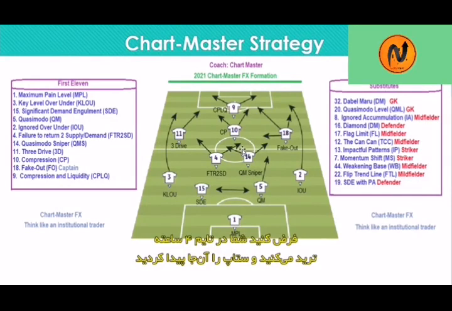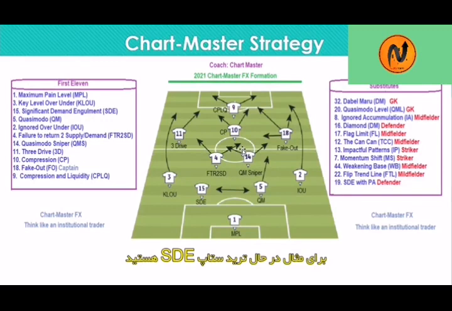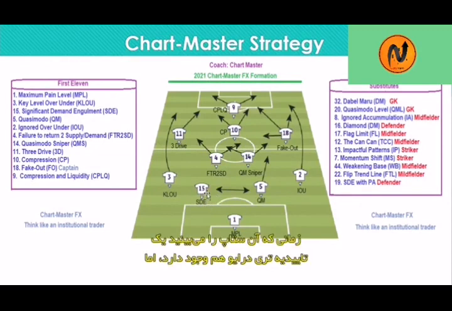So let's say you are trading on H4 and you get your setup there. For instance, let's say you are trading the SDE, which is the significant demand engulfment. Once you see that there is a confirmation entry of a 3 drive, but maybe the stop loss is far away from your entry.